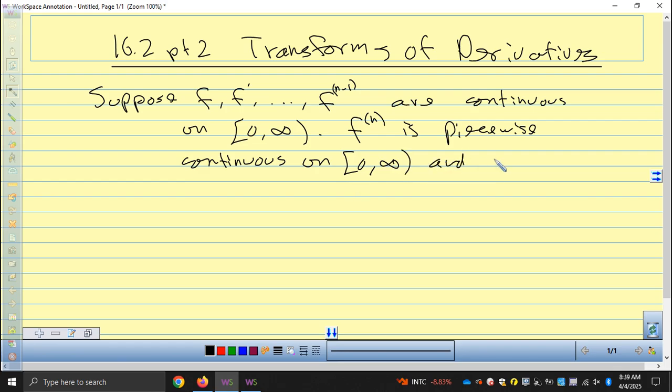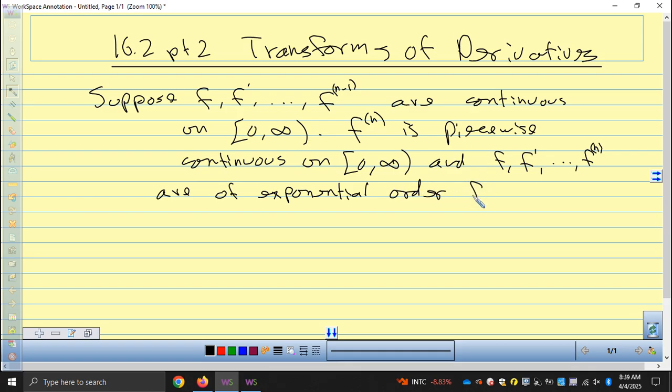And our f prime up to f, the nth derivative, are of exponential order, because we want to be able to take Laplace transforms.